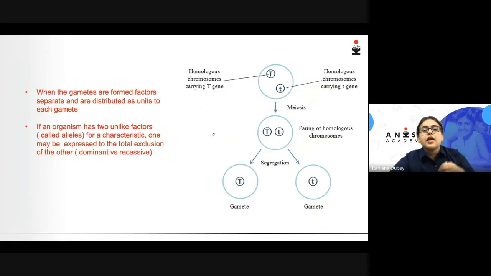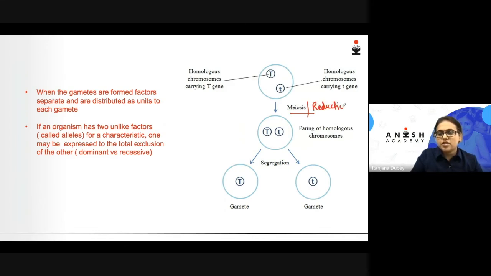Then Mendel later went on to elaborate by saying that it is when the gametes are formed. Now, when are gametes formed? Gametes are formed in meiotic division, which is also called the reduction division. So it is the reduction division which results in the formation of gametes.